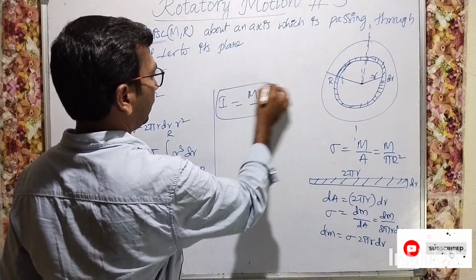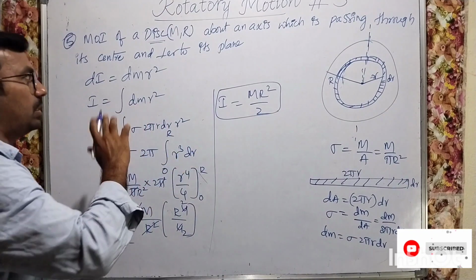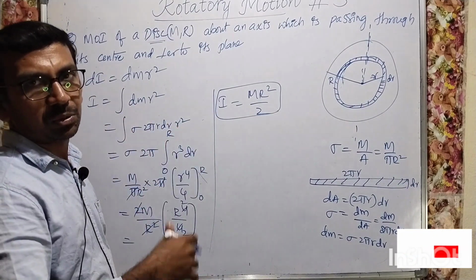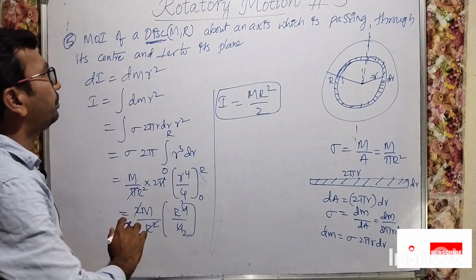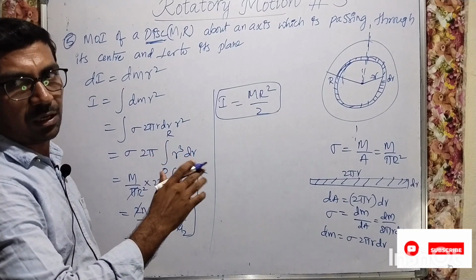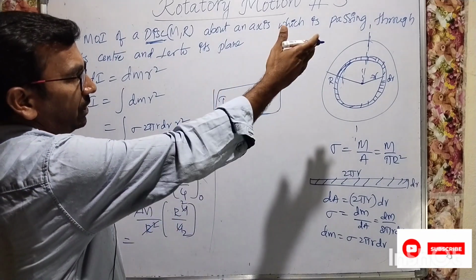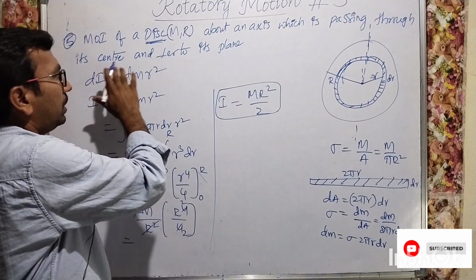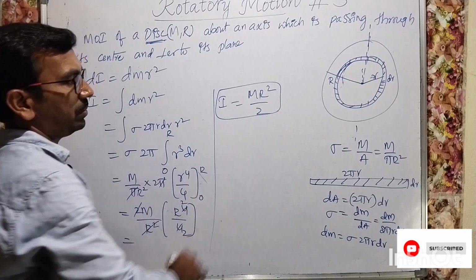This is the moment of inertia of a disk of mass M and radius R about an axis which passes through its center and perpendicular to its plane. I is equal to M r square by 2.